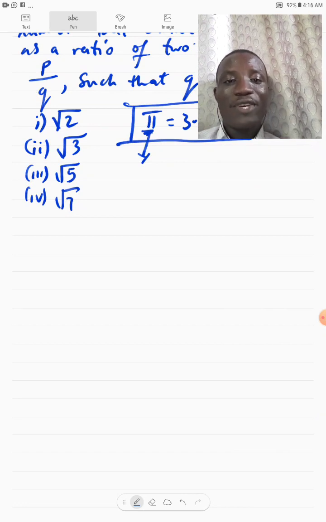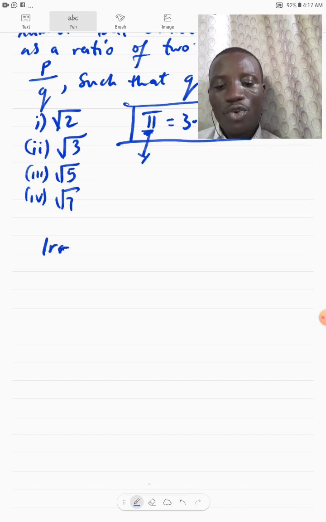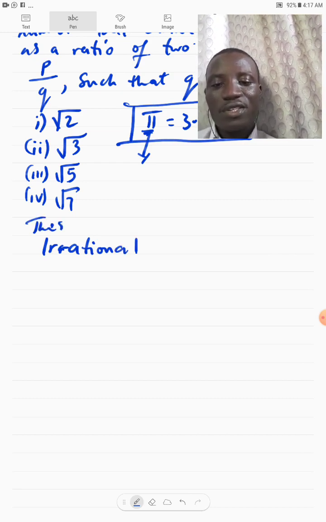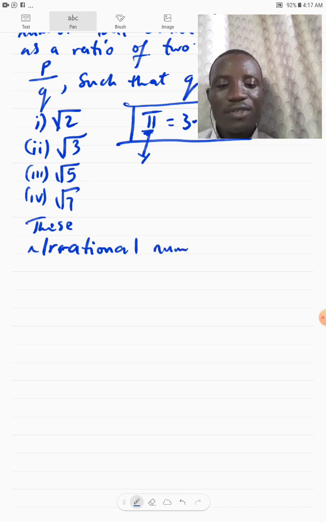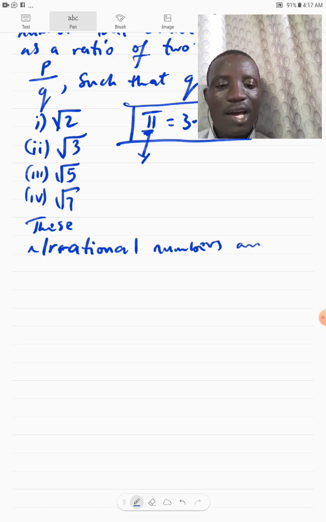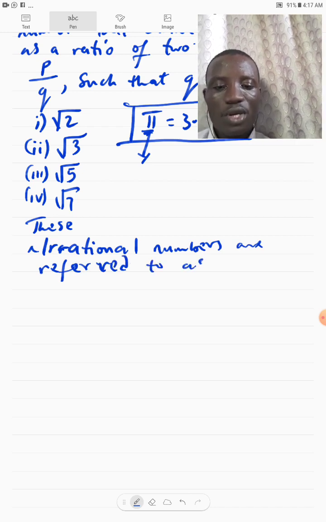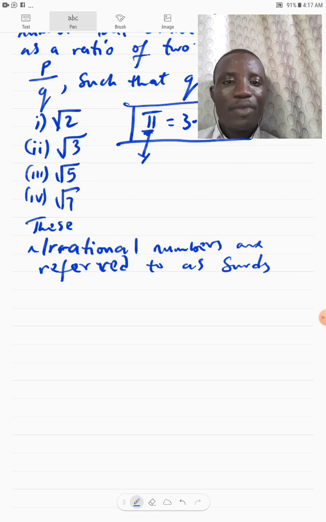They are the ones we refer to as surds. So these irrational numbers are the ones that we actually refer to as surds.